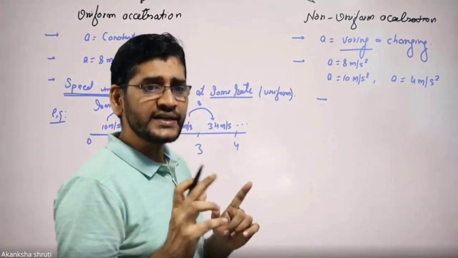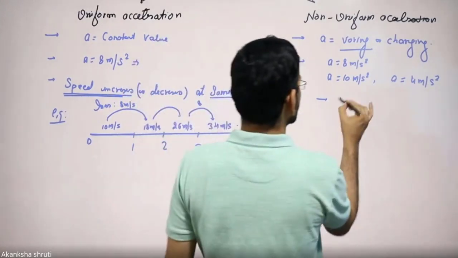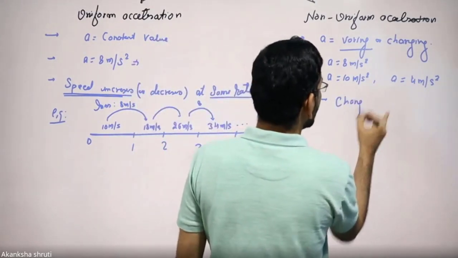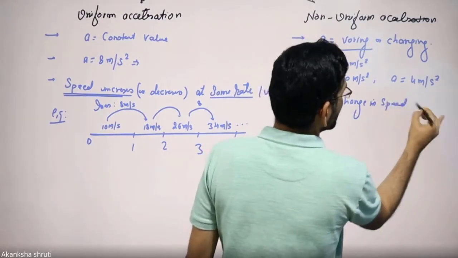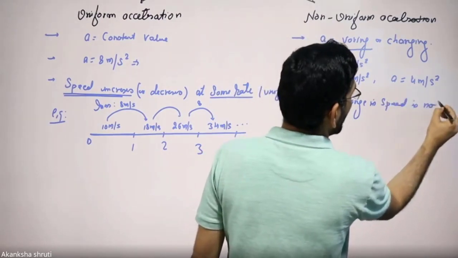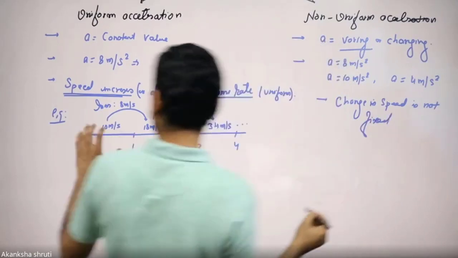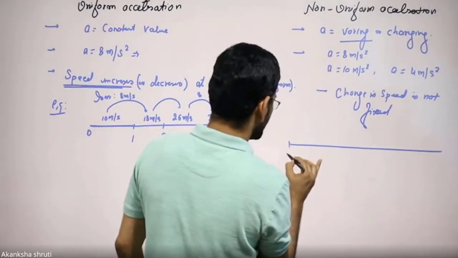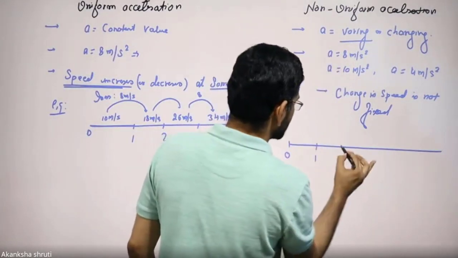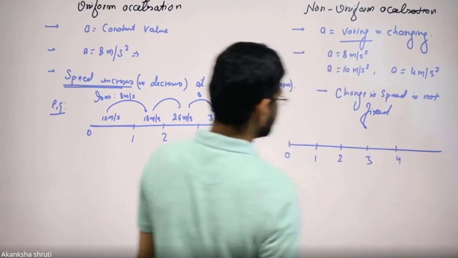The change in speed is not fixed. So write this: change in speed is not fixed. Means what? In terms of this, if we consider the motion starting from 0 second, 1 second, 2 second, 3 second, 4 second.